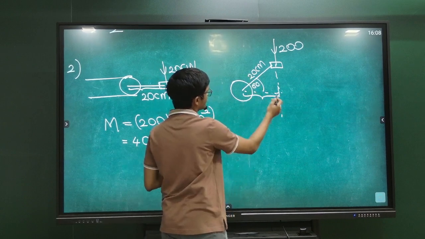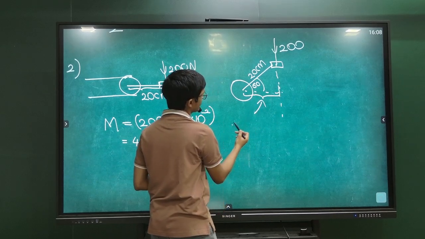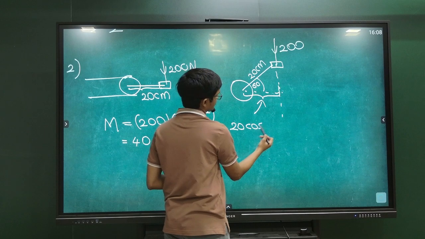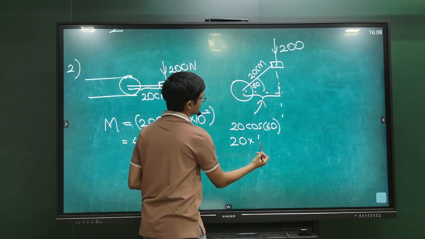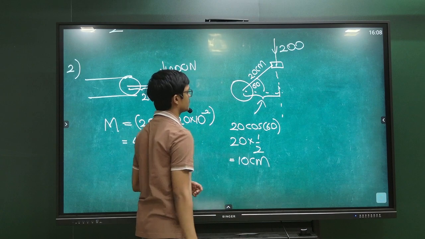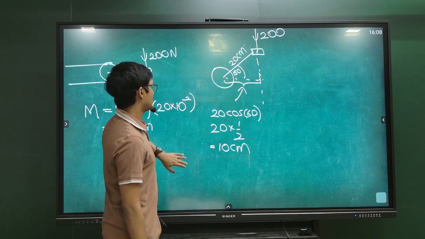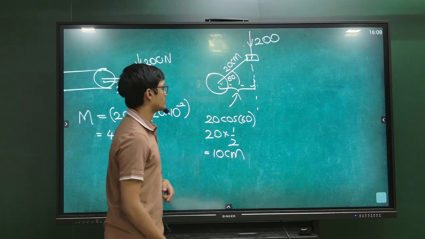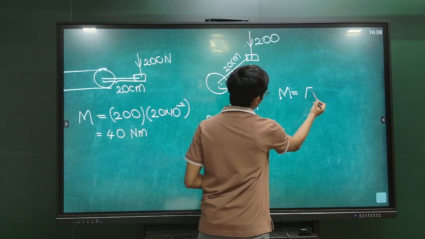So, this length is 20 cos 60, right? 20 into cos 60 means half, that means 10 centimeters. Now you can get the moment, ගූර්ණය ගන්න පුළුවන්. Moment is force into perpendicular distance.